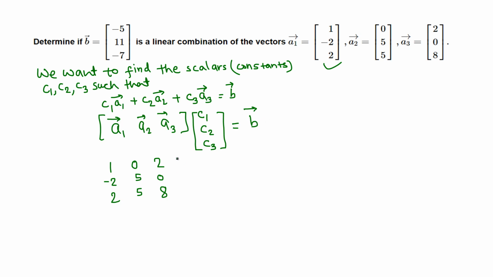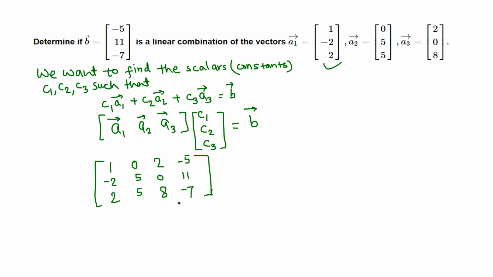B is negative 5, 11, negative 7. So this is the augmented matrix coming from this system, and the first column refers to c1 when we solve. So we're going to get c1, c2, c3.